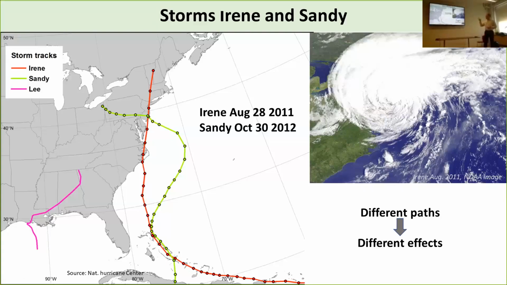So that's the background about the two storms. If you remember, Irene hit the area in 2011, and we got the second, Hurricane Sandy, in 2012. Both were big storms, but they took slightly different paths, as you can see.